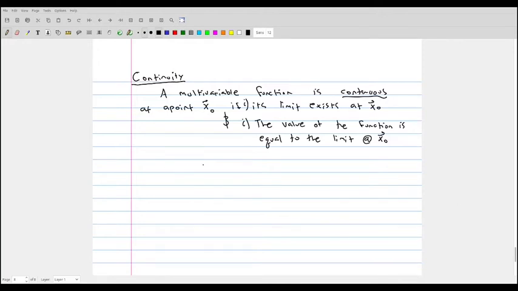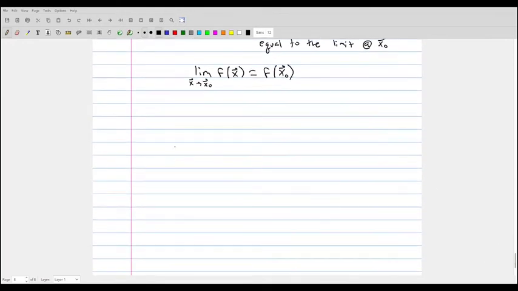So notationally speaking, for a general function, you say that the limit as x goes to x naught of f of x is equal to the value of f at x naught. In 2D, this is the same thing as saying the limit as xy goes to the point x naught y naught of f of xy is equal to f of x naught y naught, or in 3D the notation is similar.